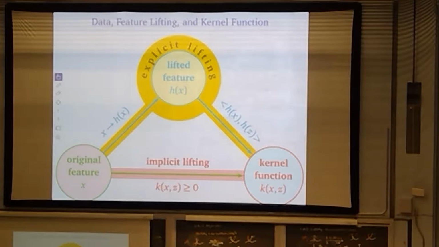But in kernel regression, we are more into the shortcut illustrated here, the straight line, bottom path, implicit lifting. In order to calculate the value of kernel function, you don't have to explicitly calculate h of x. It's just a nonlinear function of original features, x. It's a pairwise function. It takes x and z, it spits out a number.